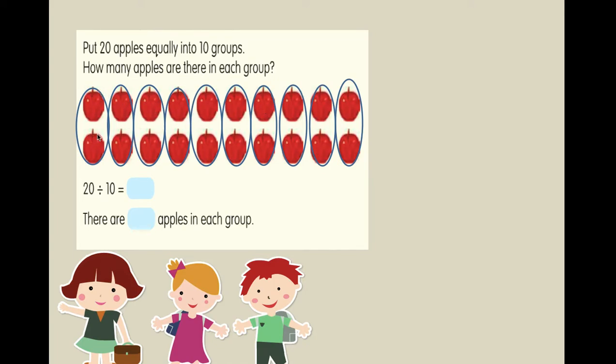That is 1, 2, 3, 4, 5, 6, 7, 8, 9, 10. So 20 apples, when you divide them into 10 groups, how many apples are there in each group? 1 and 2. So in each group, you have 2 apples. You understood?